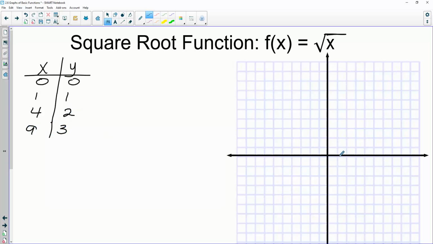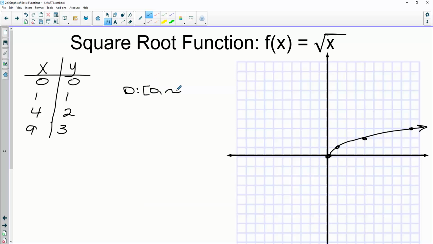Okay, let's plot that. And we don't extend it both ways because remember we said we can't put in the negatives. What is the domain of this?